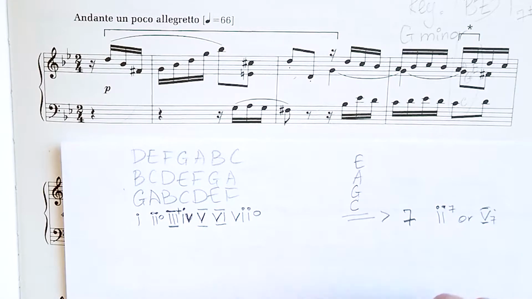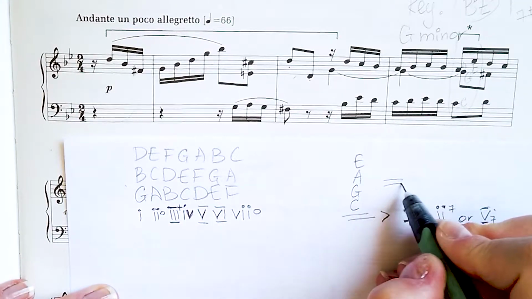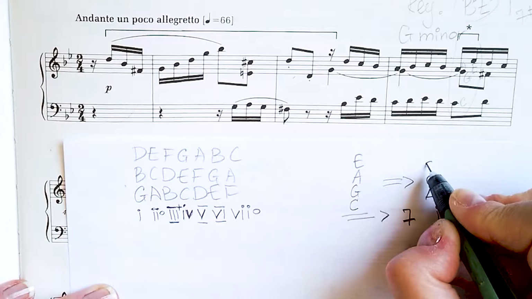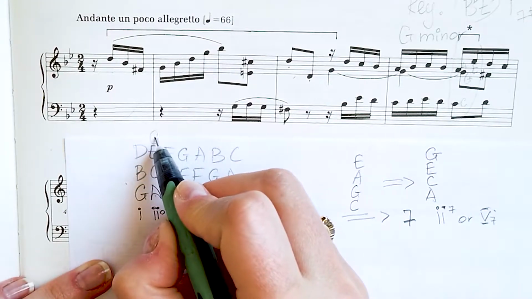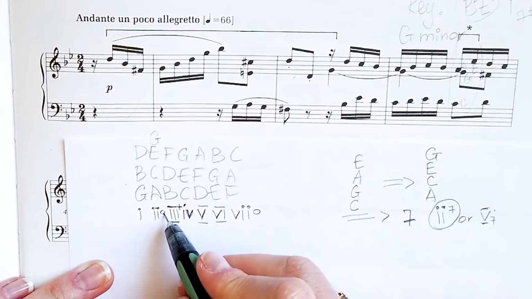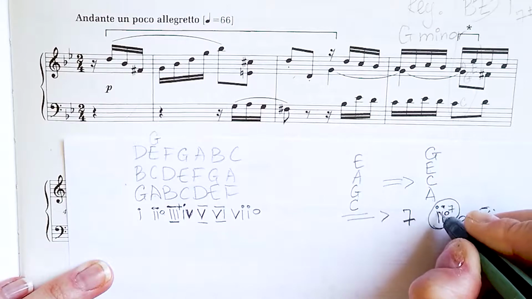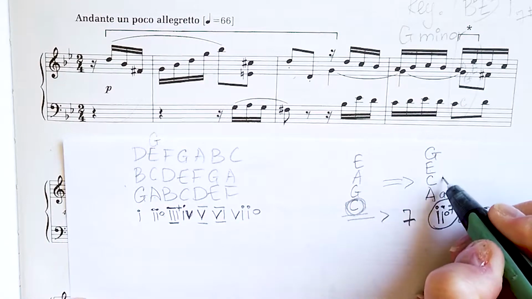Okay, so let's try to recognize which one is our chord. If we put it in thirds, A, C, E, G, it's going to be the second. So our answer is that it's the second. The second is diminished. And depending on the bottom note, we recognize the inversion.